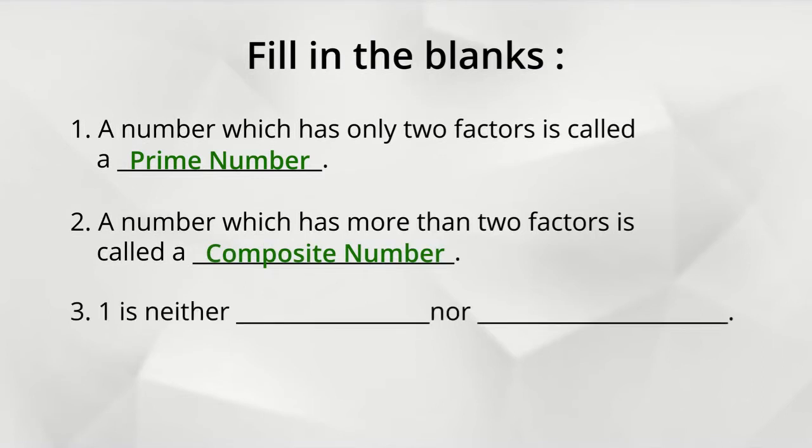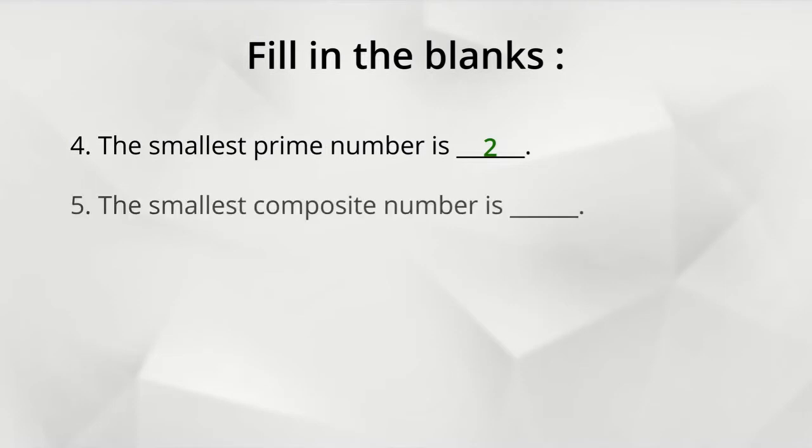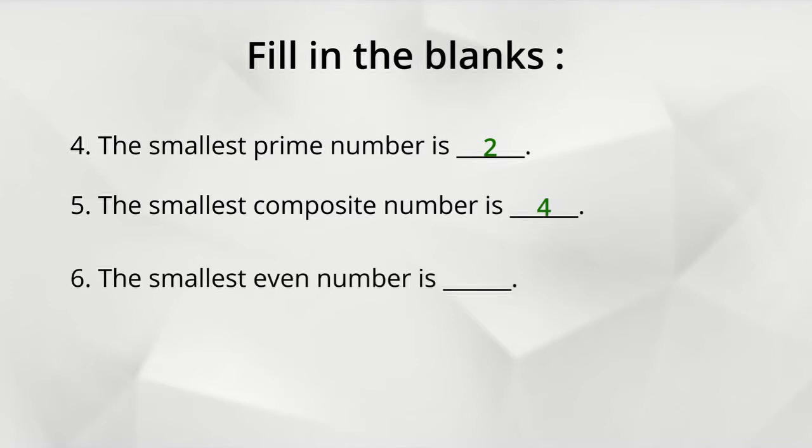Third, 1 is neither a prime number nor a composite number. Fourth, the smallest prime number is 2. Fifth, the smallest composite number is 4. Sixth, the smallest even number is 2.